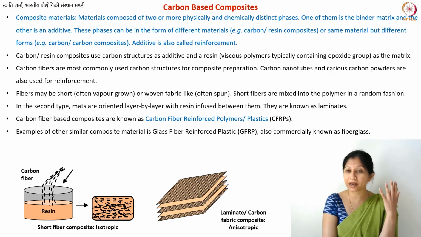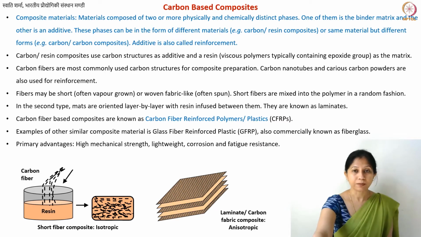So fiberglass is the more commonly used material for wind turbine blade manufacturing, but carbon fibers can offer better mechanical strength, and they might also be lighter. So that is why there's a lot of research going on. We want to replace GFRP with CFRP. Okay.